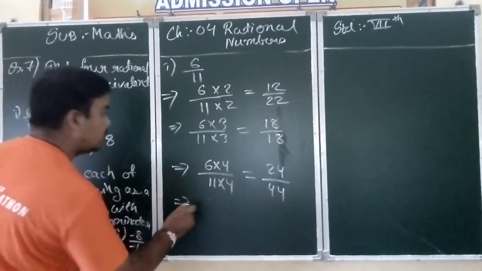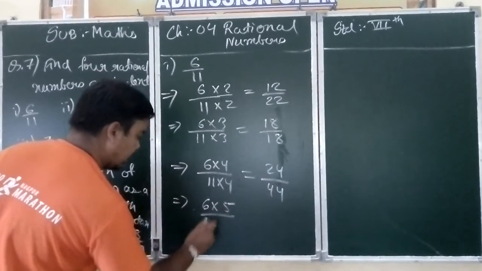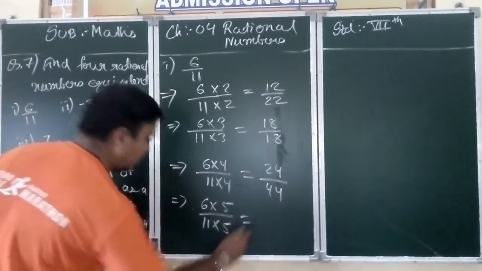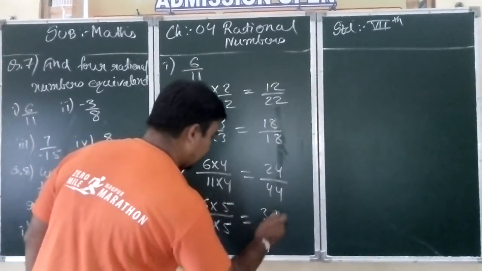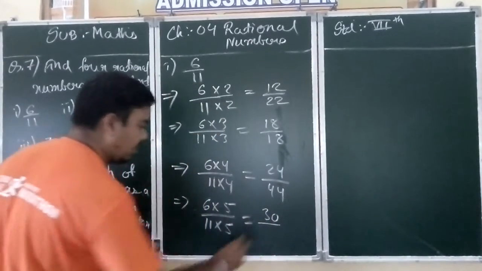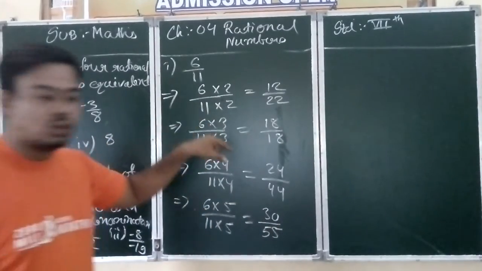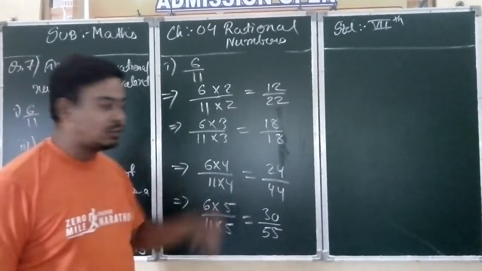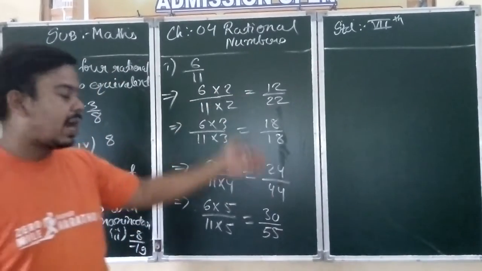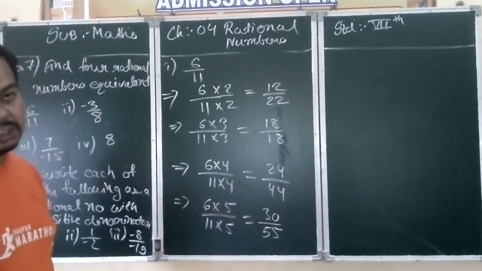Then next, 6 into 5, 11 into 5. So 6 into 5 is 30, 11 into 5 is 55. We start from 2 because if you multiply by 1, the number is itself. So we get 4 different equivalent rational numbers of this rational number.